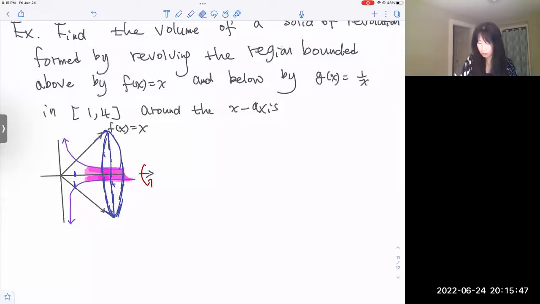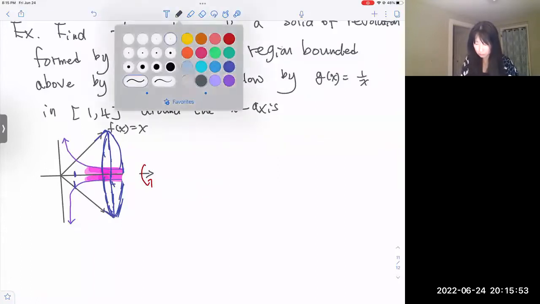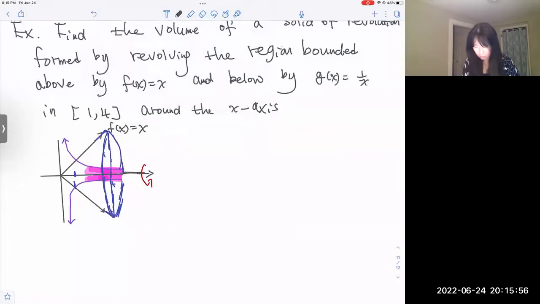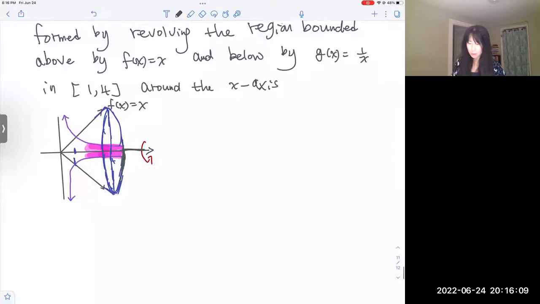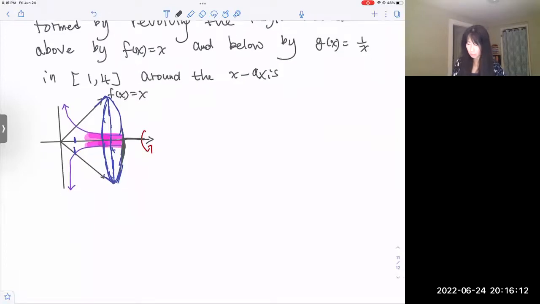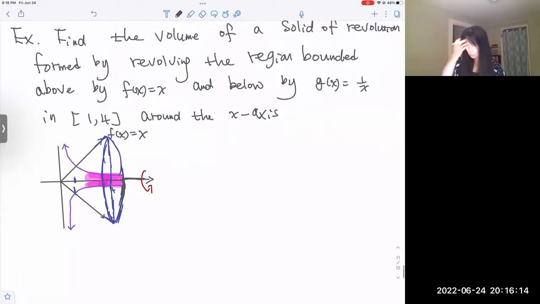Okay, now let us think which one is the outer radius and which one is the inner radius. They already have the upper, in this case.